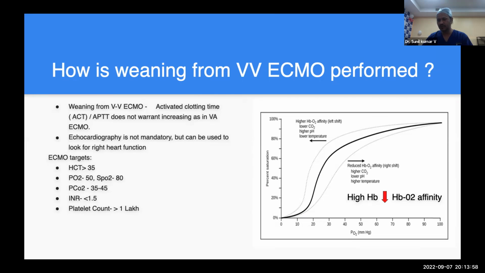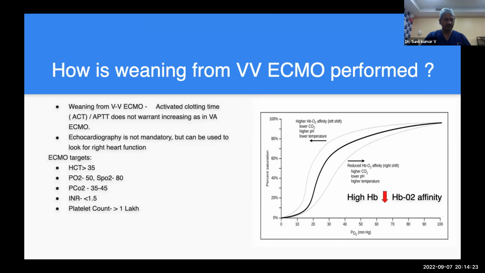In VA ECMO, we usually go up to almost 180 to 200 seconds, but in VV ECMO there is no need to increase the anticoagulation. Then echo is not mandatory here, but it can be used to look at the right heart function.